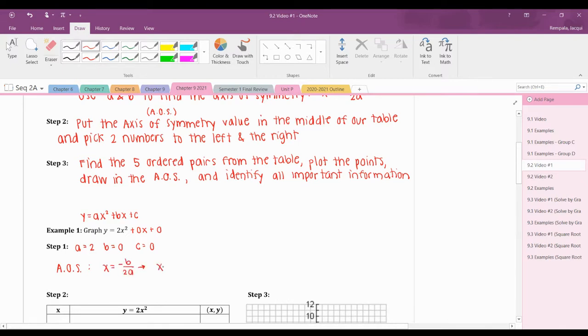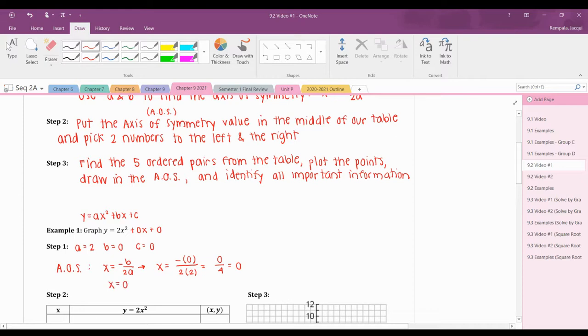So we're going to do x equals negative, and then in parentheses, I'm going to substitute in the b, divided by 2 times I'm going to substitute in the a. So anything times 0 is 0. 2 times 2 is 4. And 0 divided by 4 is 0. So that means that my axis of symmetry is x equals 0.